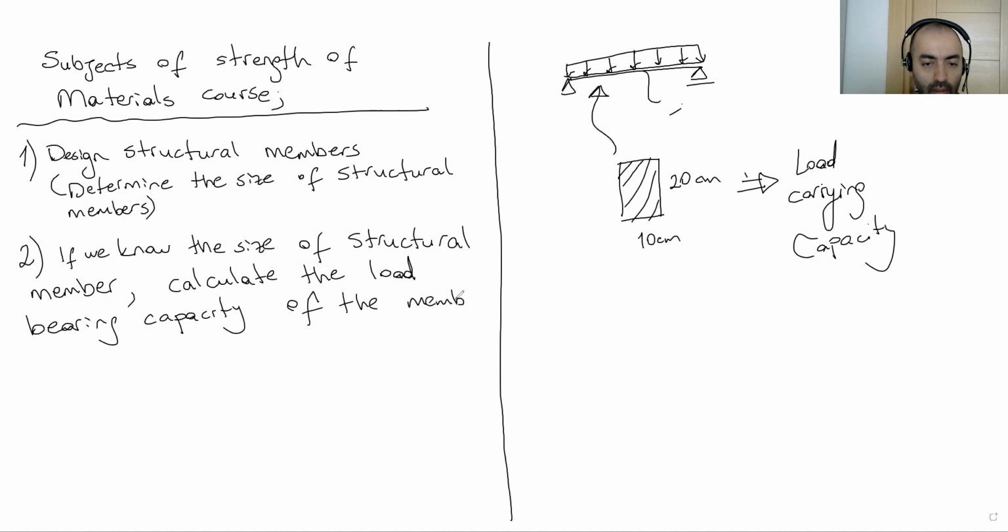In the first one, we don't have any size. We determine the size. In the second one, if we know a size, we can calculate its capacity and then check it with the internal forces and select if it's appropriate for that situation.